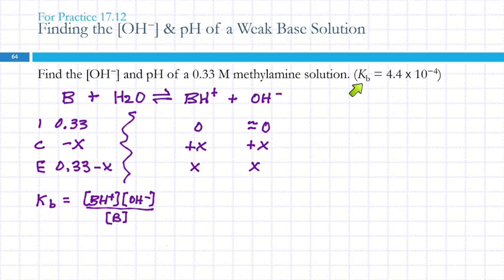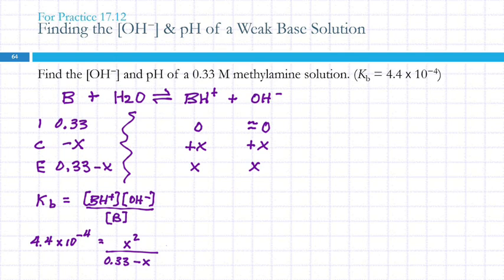So we were told that Kb is 4.4, just 4.4, times 10 to the minus 4. I knew there was another 4 in there somewhere. And then we're going to put in our equilibrium expressions here. BH plus times OH minus is going to be X times X. I'm just going to write X squared. And that's going to be divided by 0.33 minus X.